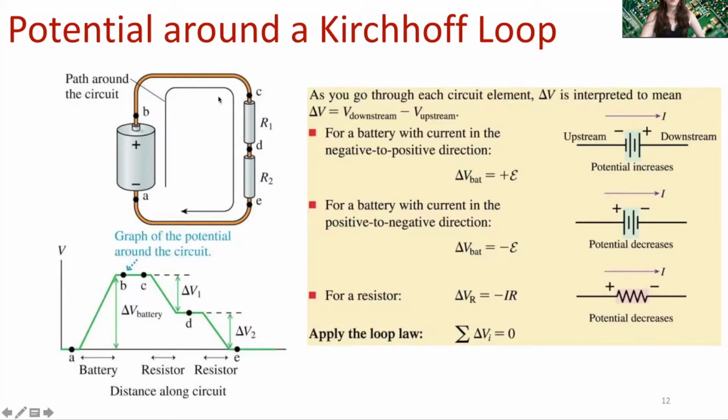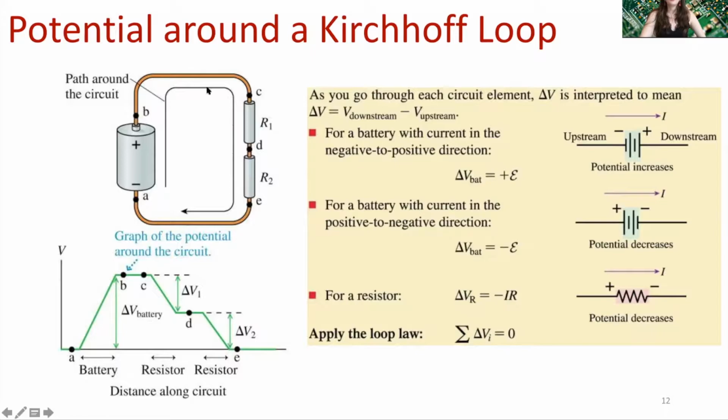Now, as I go through resistor 1 and resistor 2 in the direction of the current, my potential is actually decreasing. So if I'm moving through R1 and R2, I'm going to represent those in an equation as negative the potential difference across this resistor and negative the potential difference across this resistor.